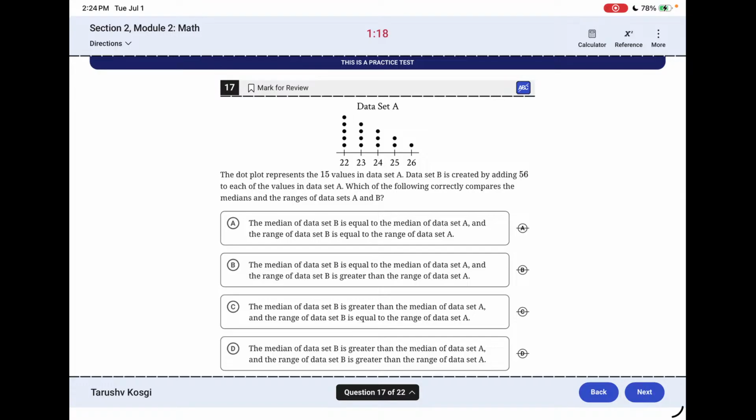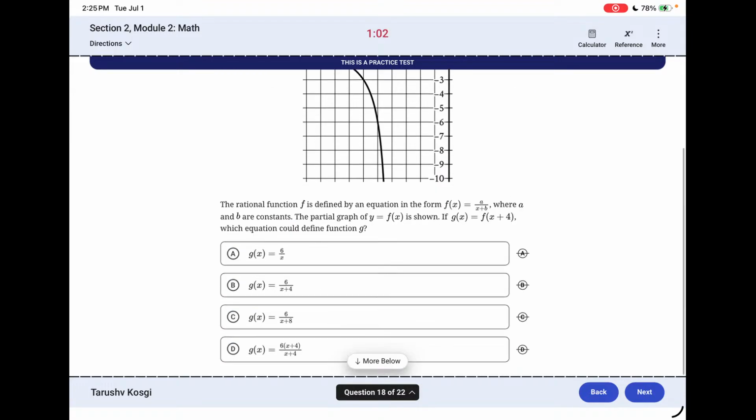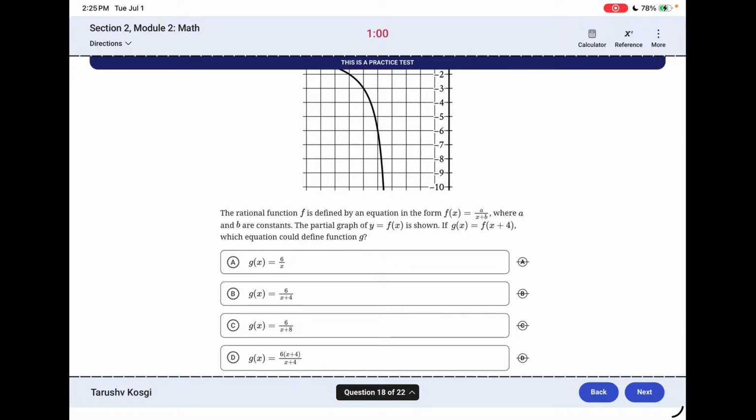Okay, dot plot A, add 56 to each of the values. They're both greater, aren't they? Yeah. The rational function f is defined by an equation in the form f of x equals a over x plus b, where a and b are constants. A partial graph of y equals f of x is shown.